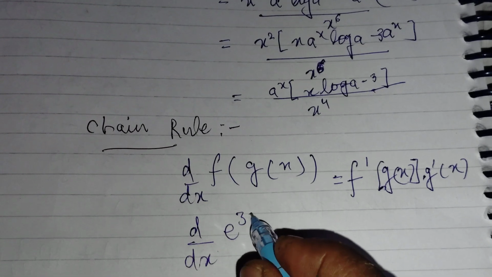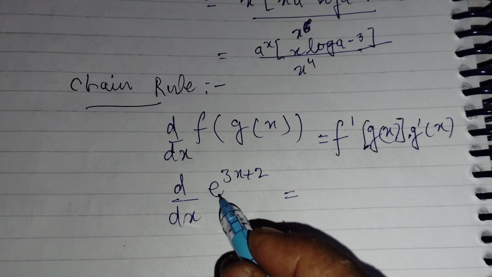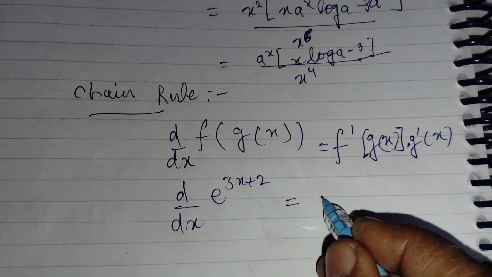Take an example: e power 3x plus 2. The first function is e power x, and e power x's differentiation is the same, e power x.